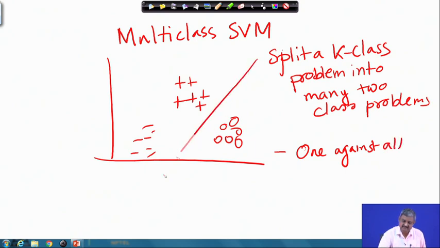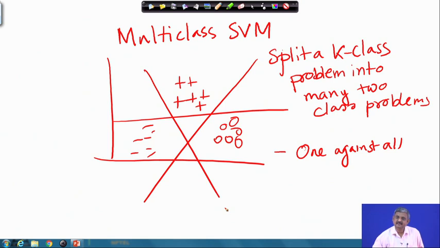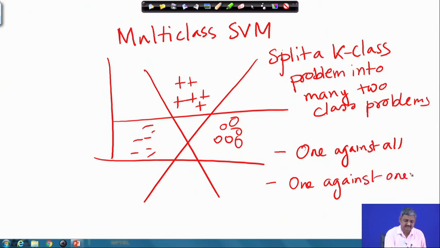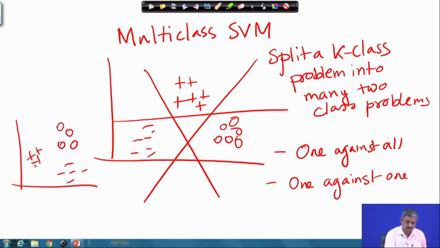So, this against the rest, this against the rest, this against the rest, 3 hyperplanes. Or another, which is like this: first between these two, then between these two, then between these two. Okay. In both cases you need 3 hyperplanes actually.